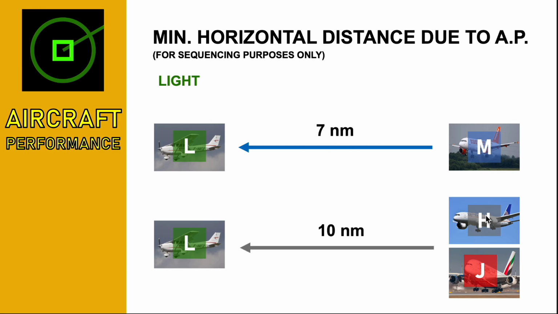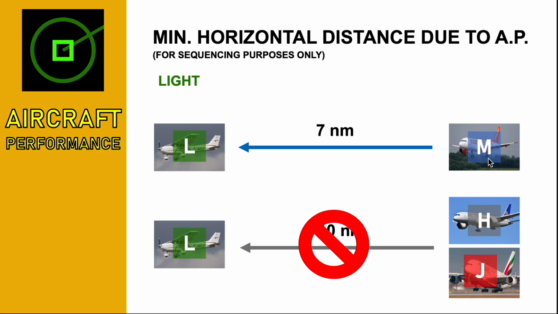And when a heavy or super traffic is behind a light traffic, you're going to give a 10 nautical miles distance. You're not going to see any indicator in the Endless ATC, so you need to be careful. But here, as you see, 10 nautical miles is a huge gap. So I don't recommend sequencing a heavy or a super behind a light traffic. And I wouldn't even recommend a medium, but sometimes you don't have any other choice.